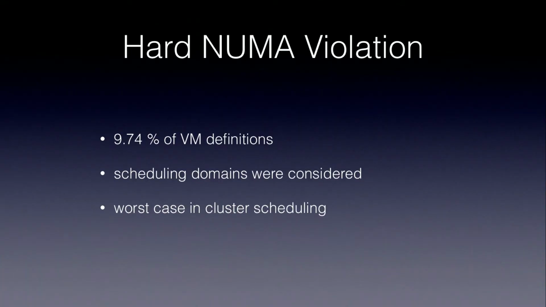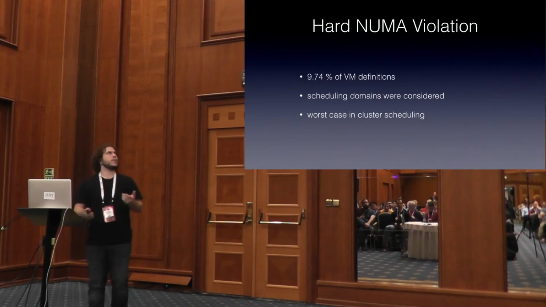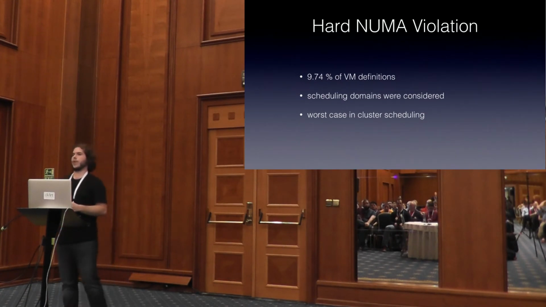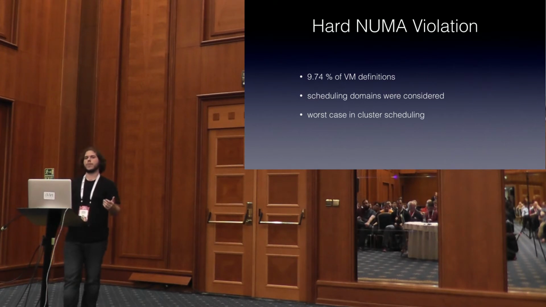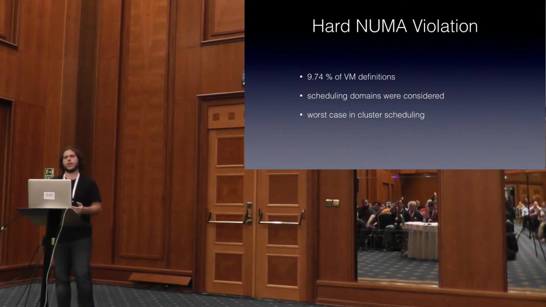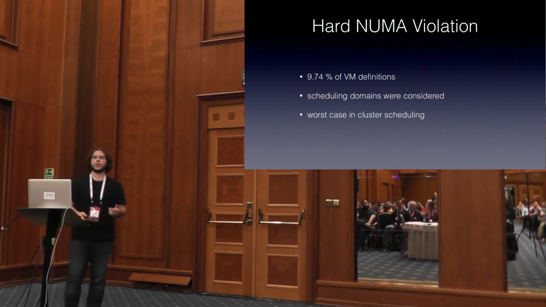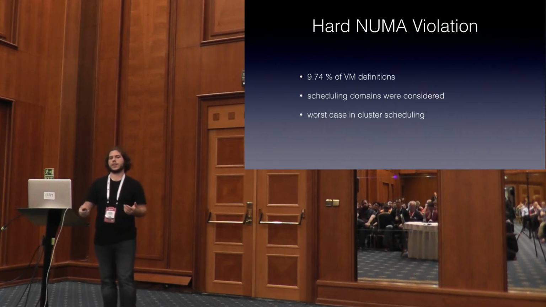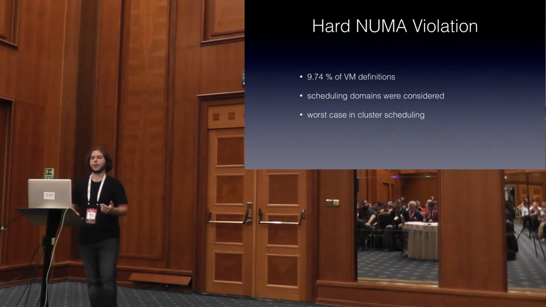This has been seen in roughly 9.74% of definitions. And again, not theoretical cases. These are practical, actually happening cases. Unlike with the soft NUMA violation, you can't really solve this by pinning the node because it doesn't fit anywhere. So this is a worst case in cluster scheduling only, and that means it's quite a significant issue that we should do something about.